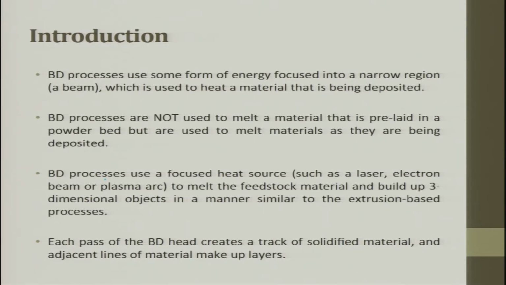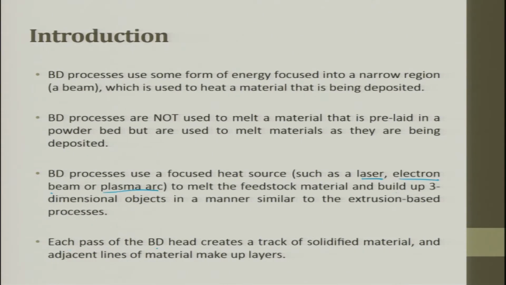Beam deposition processes use a focused heat source such as laser, electron beam, or plasma arc to melt the feedstock material. The feedstock material is a wire or powder, and a three-dimensional object is built up in a manner similar to extrusion based processes.